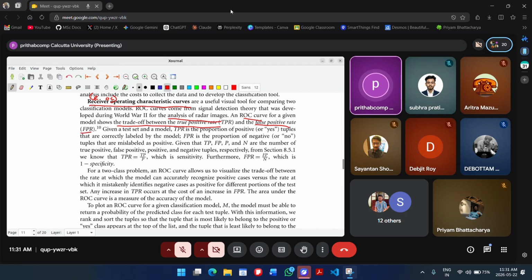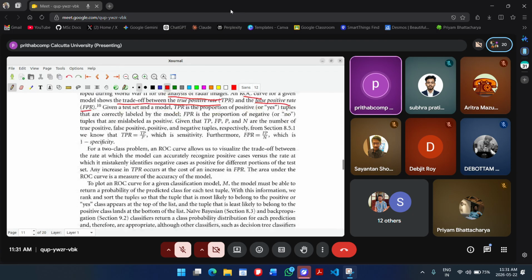Do you remember true positive rate, or recall, and the false positive rate? So what does TPR mean? TPR, if you remember, is the proportion of positive tuples that are correctly labeled by the model. And FPR is the proportion of negative tuples that are mislabeled as positive.